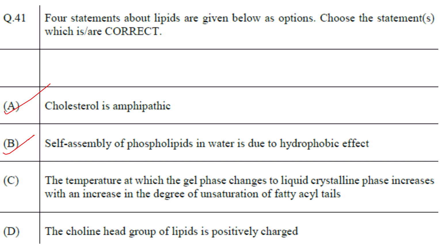So C is not correct. The choline head group of lipid is positively charged. That is also correct because it has a quaternary ammonium group in it. So D is correct. So A, B, D are correct.